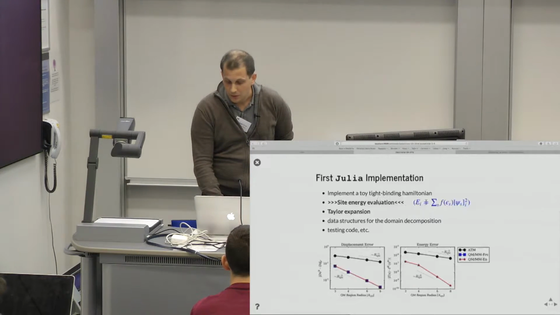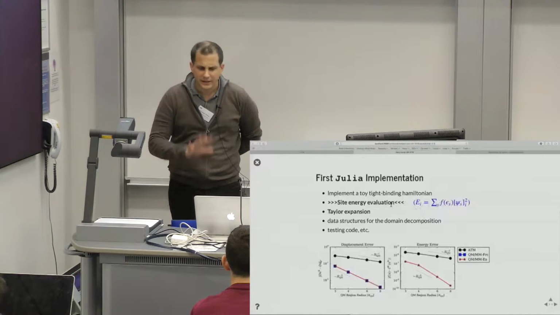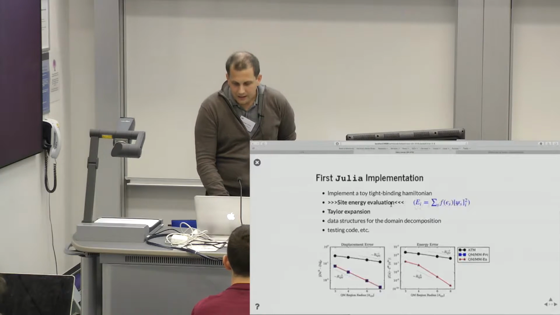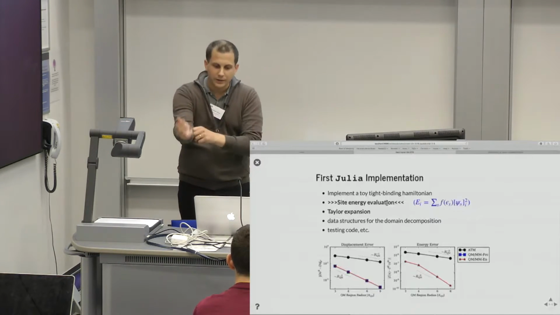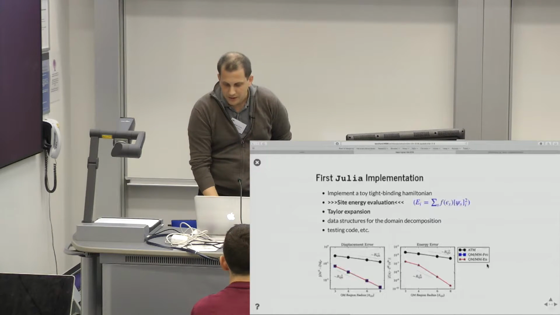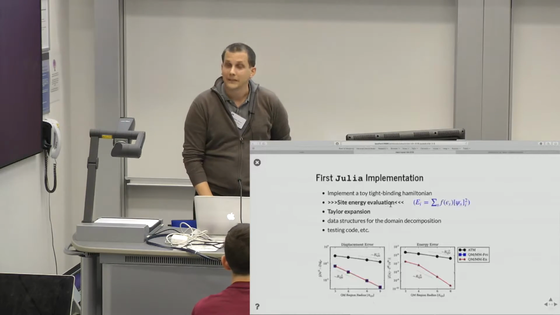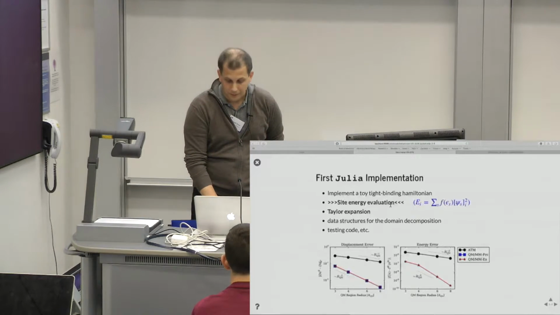Okay, so here's the formula again. Actually, the site energies were not the hard part. I'll explain more. This is the part I want to show in more detail. And then there's a bit of boilerplate code you have to put around that in order to get to these graphs. But that part's the interesting part, and the one that I'm still working on now.